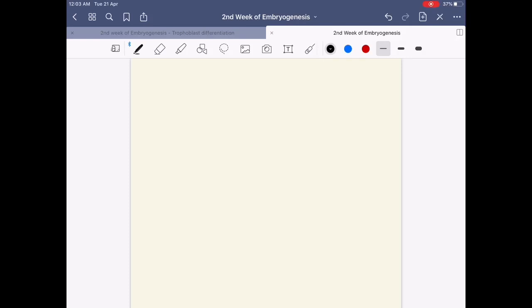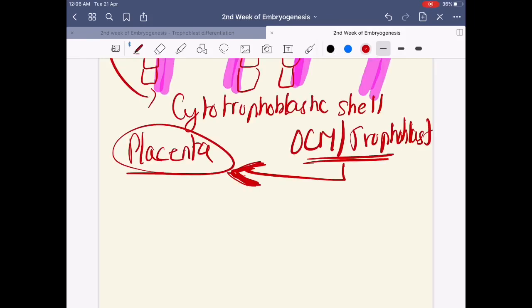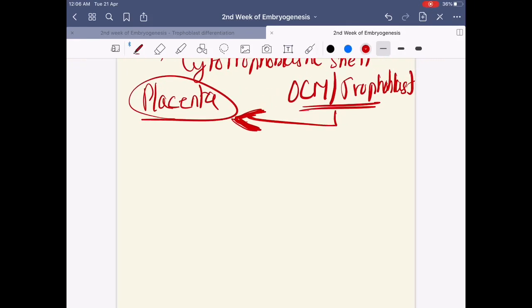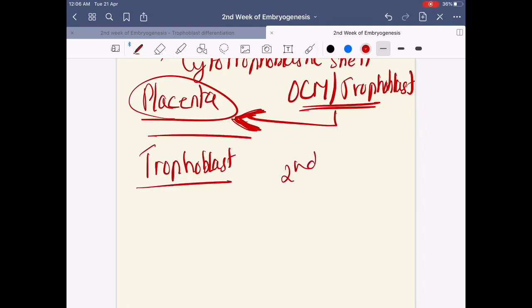But for the trophoblast, these are the changes that are occurring in the 2nd and 3rd week. So the purpose of this video was to understand the changes that were occurring to the outer cell mass or to the trophoblastic cells, mainly during the second week of embryogenesis, as well as we've already seen the changes that are occurring in the third week of embryogenesis.